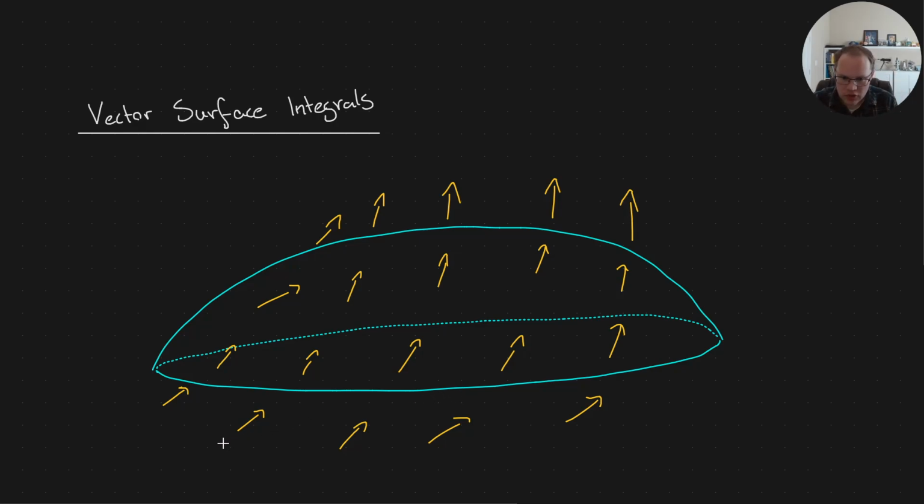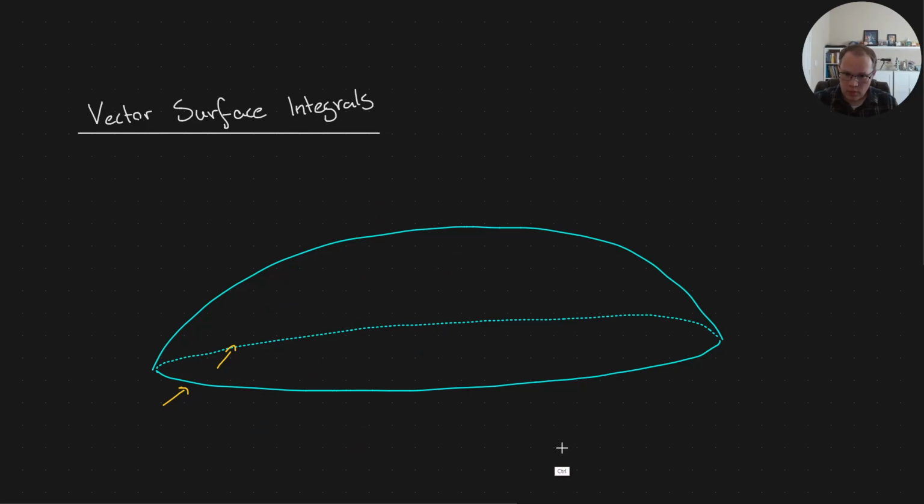If we were to imagine the streamlines, you could imagine them going through the surface, right? But we need to know how much it's going through the surface. So the idea here is we want to know how much of the vector field at a point on the surface is going to be normal to the surface?